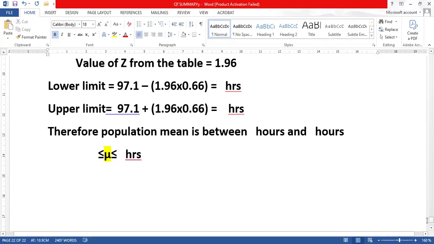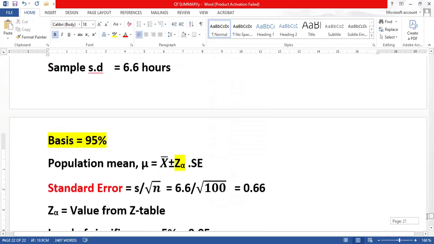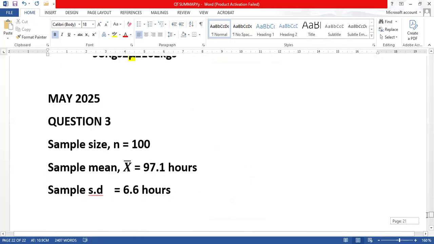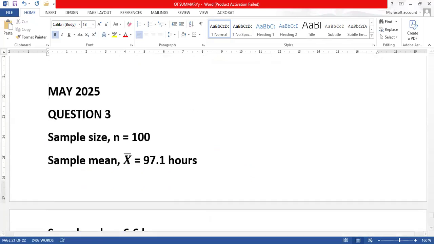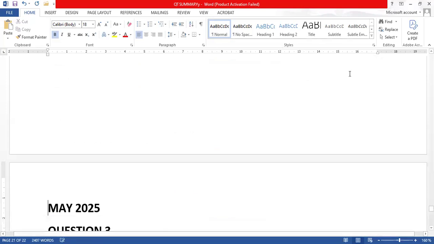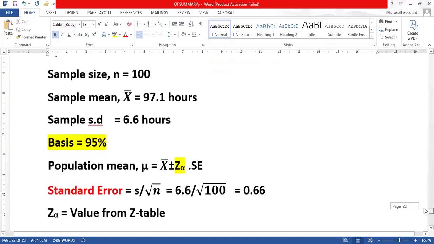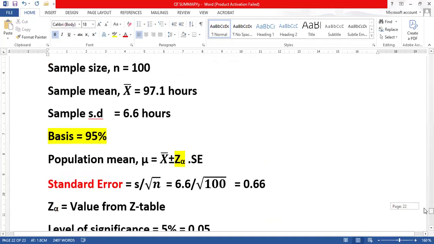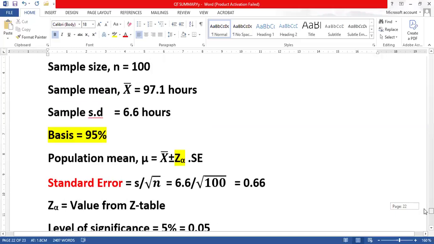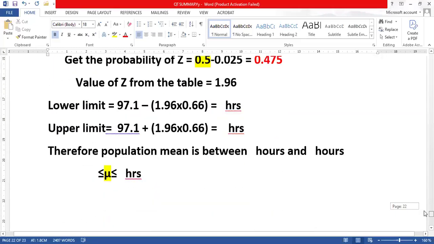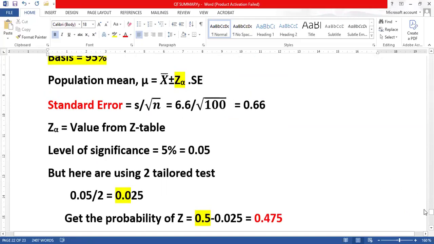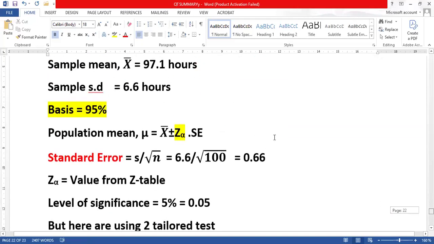And that's all, guys. What I like with these questions, you don't take a lot of time to answer. Those 5 marks, you can score them in just 5 minutes, or even less. When you have been practicing, and you know that your basis is 95%, automatically you don't need to go back to the table.